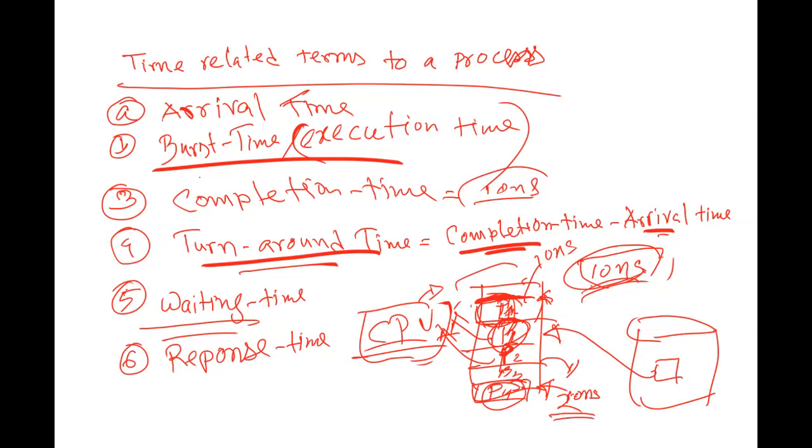And processes P1, P2, and P3 are currently executing or switching between each other and completing their execution. Then let's say after 30 nanoseconds, it gets the CPU for the first time.